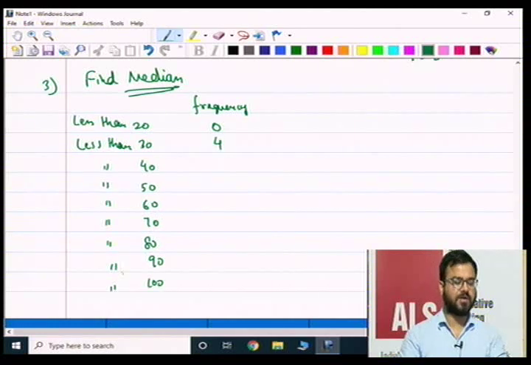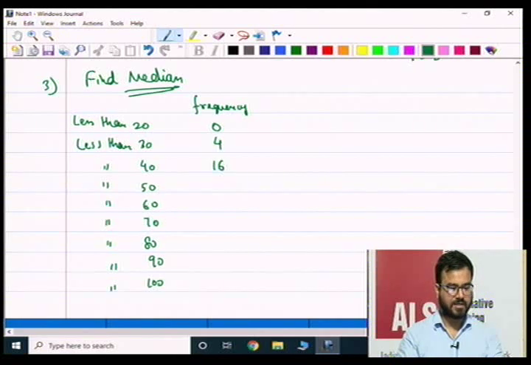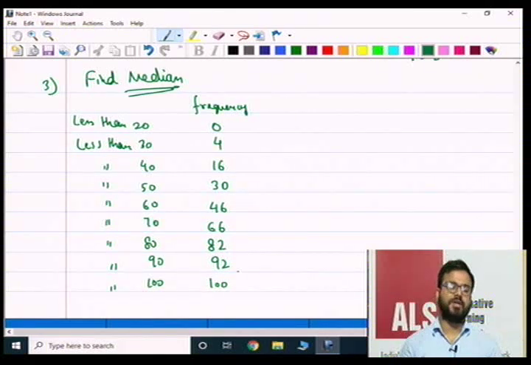The frequencies given are 0, 4, 16, 30, 46, 66, 82, 92 and 100. Again we have to find the median.